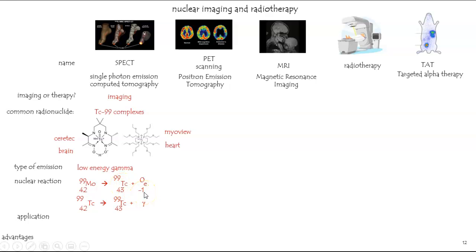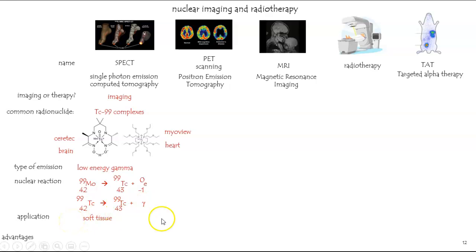I'm going to say that is positron emission, but I could be wrong. It could be just a beta emission. And then once you have your technetium-99, it then undergoes gamma emission, and that's where the detection takes place.